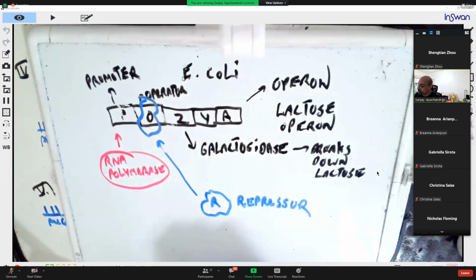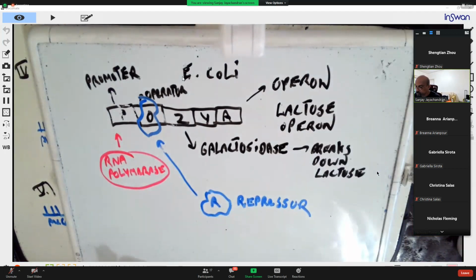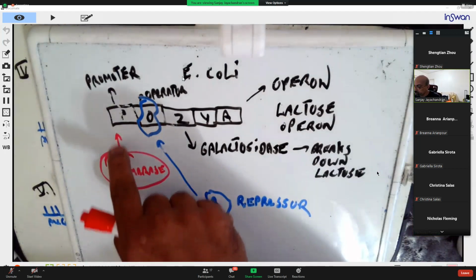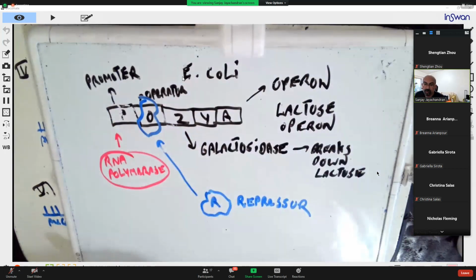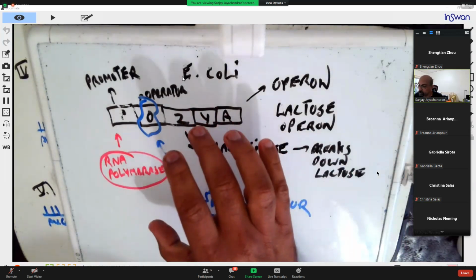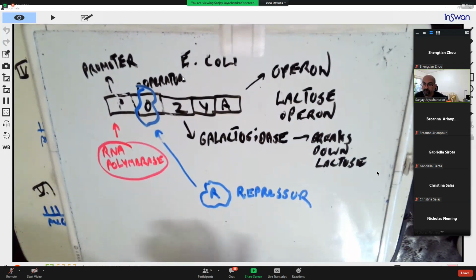Now let's say there was lactose in the system. What do I need to do from the bacteria to get my polymerase to go? So there is lactose. I want it on. What do I need to do? You have to get rid of the repressor?